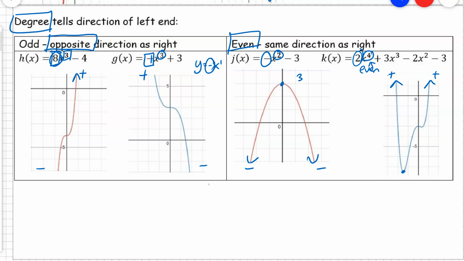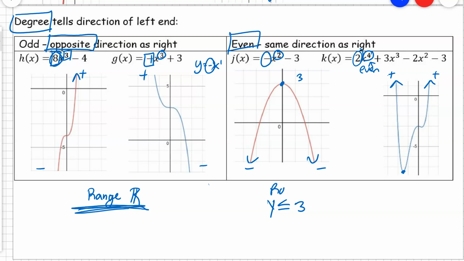If you have an even degree, our range would end up being all real numbers. I'm sorry, I said even, I meant odd. If you have an odd degree, our range is all real numbers. But if you have an even degree, our max is going to be the maximum of the graph. So in this case, for the range, y is less than or equal to 3.